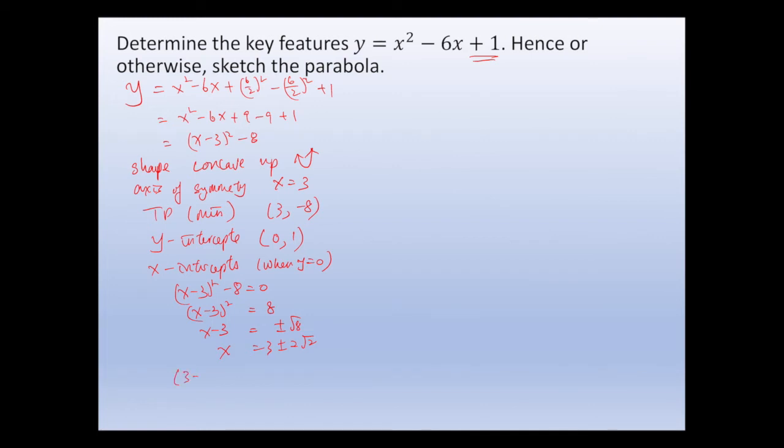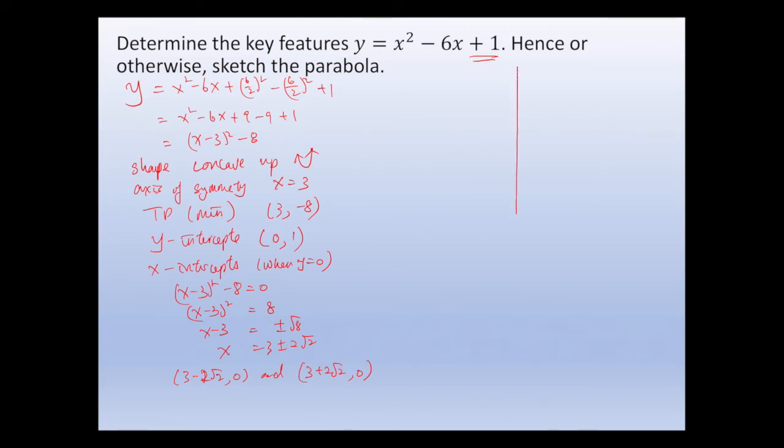So again, when we write the coordinates, it is 3 minus 2 square root of 2, 0, and 3 plus 2 square root of 2, 0.